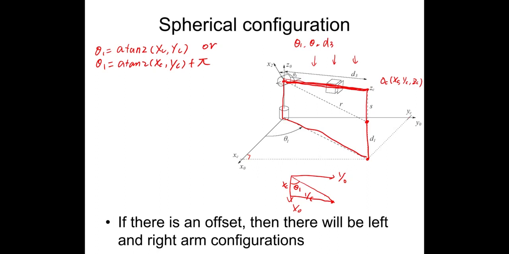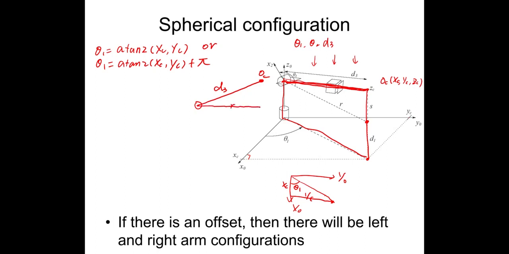And then for D3, if we draw the side view, here we have the center of the second joint, and then we have this D3, and D3 goes to the spherical wrist center, which is OC.